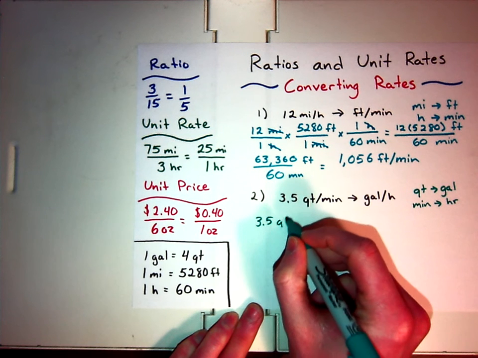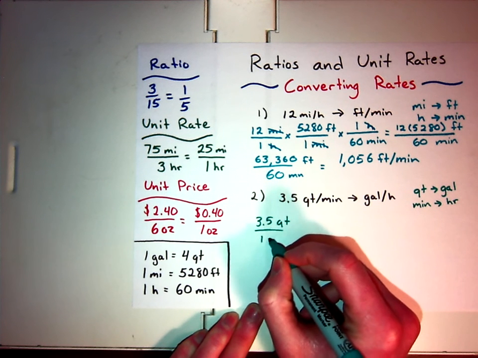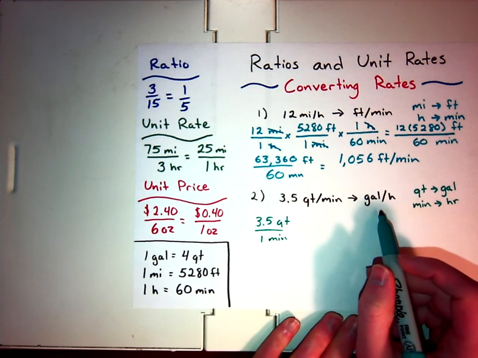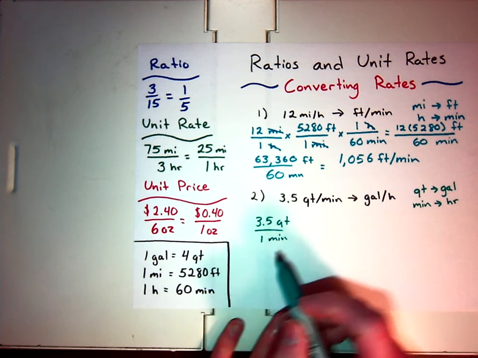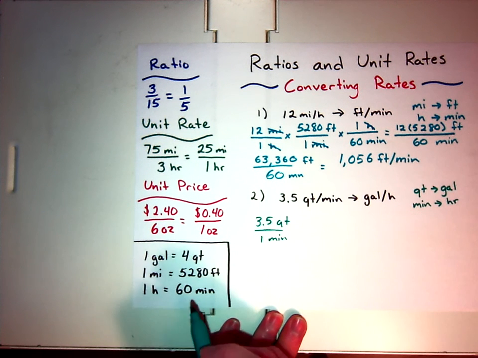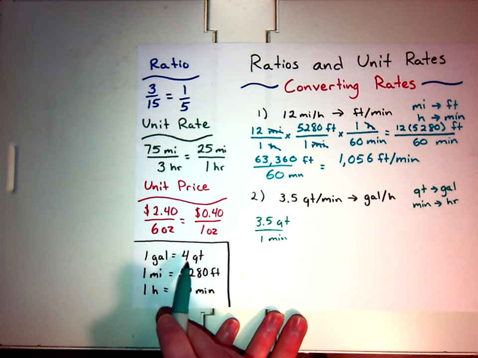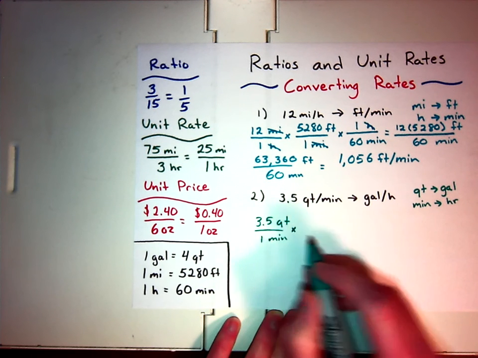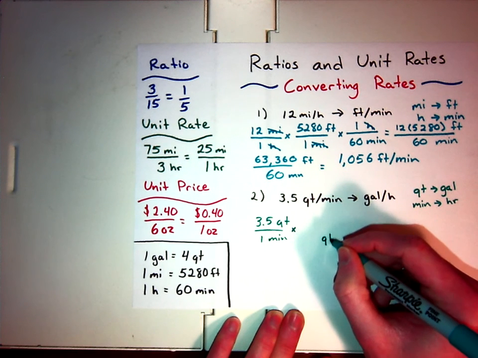Okay, so 3.5 quarts in 1 minute. And I want to know how many gallons per hour. Okay, so first I'm going to take quarts to gallons. Well, 1 gallon equals 4 quarts. I'm going to multiply my quarts, since it's in the numerator. The new one is going to go in the denominator.